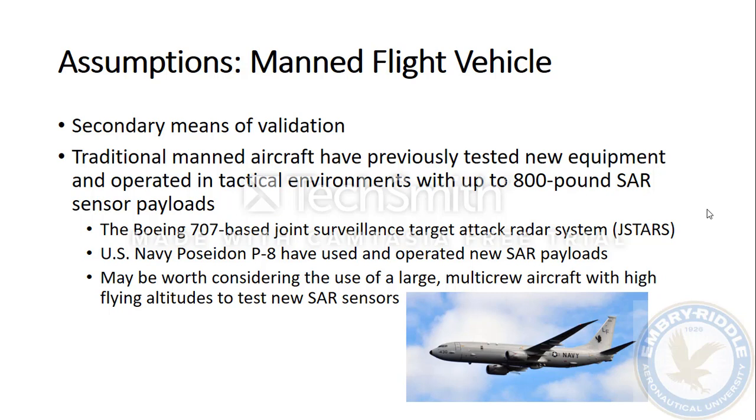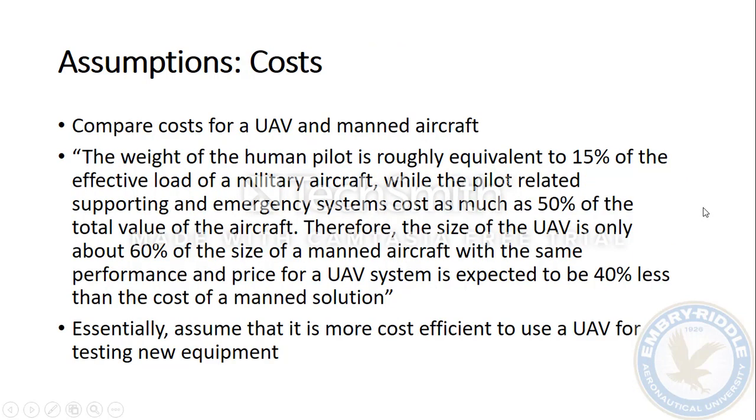It's already got a very wide breadth of knowledge as far as tactical exposure and experience using these SAR sensors. So I figured, well, okay, the crew's already proficient, so it may be worth considering, like my last bullet states here, the use of this large multi-crew aircraft with high altitude capabilities for testing these SAR sensors.